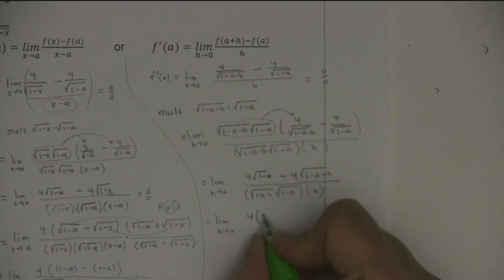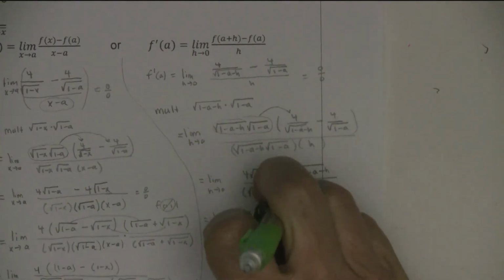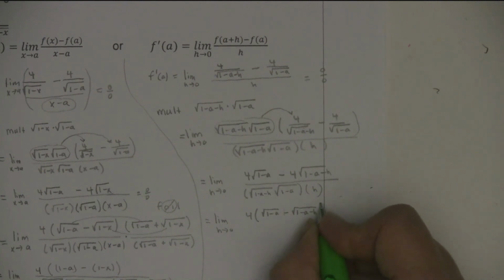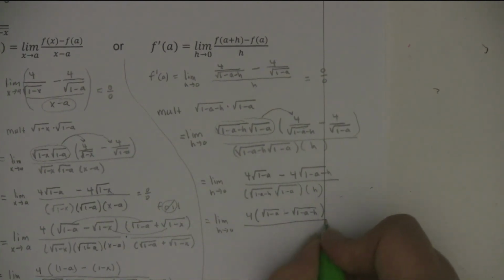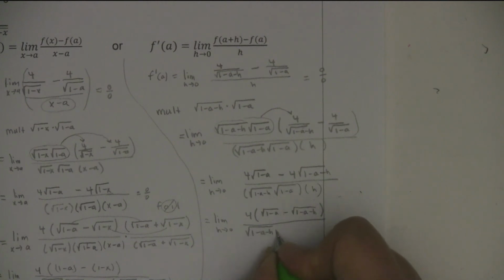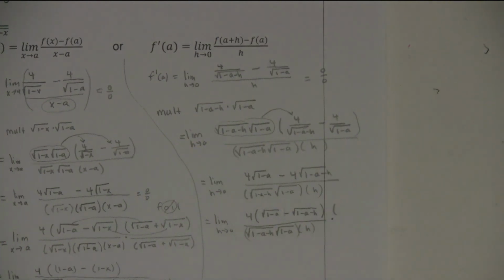So 4 times, I didn't write that right. So I have this. And then I'm going to multiply by the conjugate, which I'm going to run out of room.